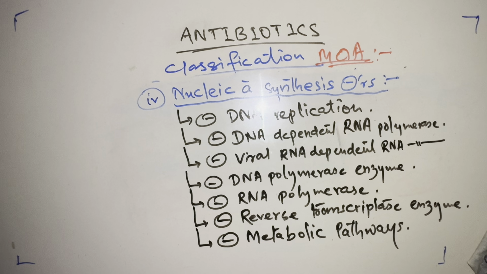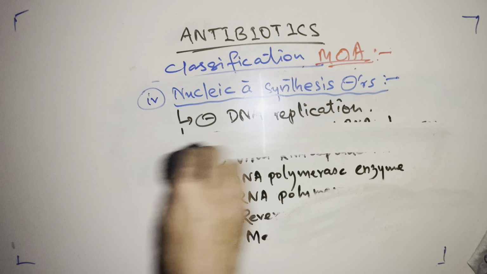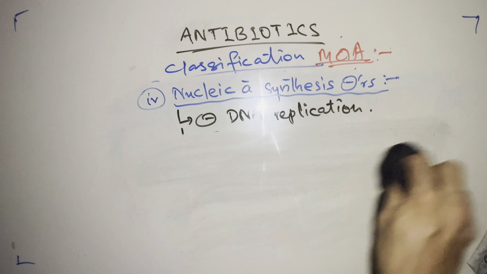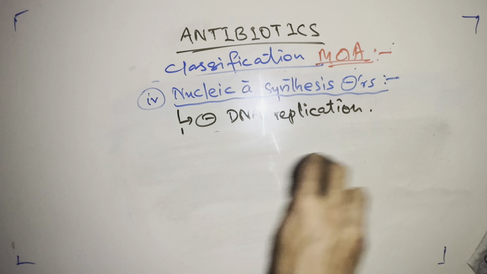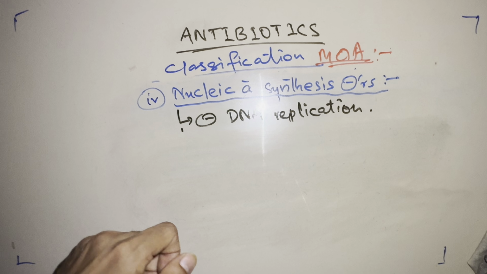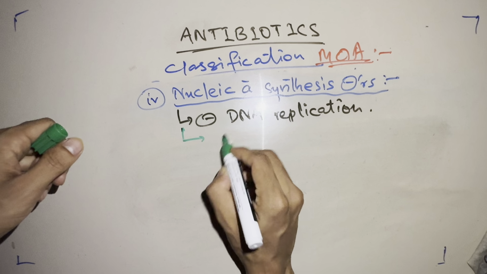Inhibiting the DNA replication. The drugs or antibiotics used in the inhibition of DNA replication are quinolones and derivatives of quinolones such as fluoroquinolones, and you can also use novobiocin. So what are the examples of antibiotics used in DNA replication?